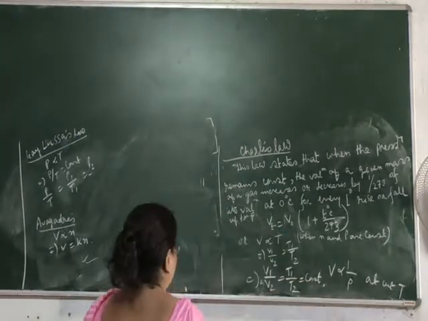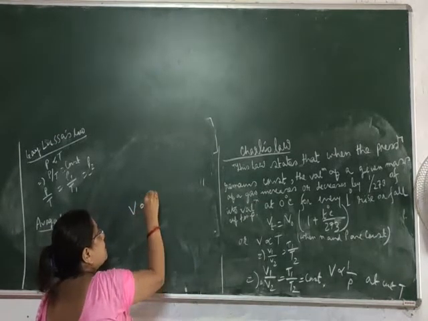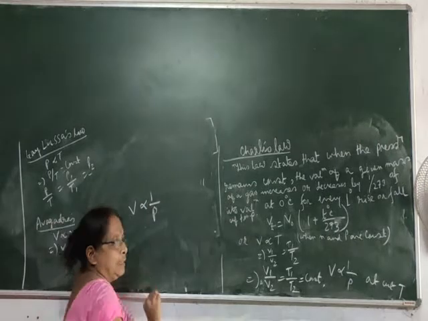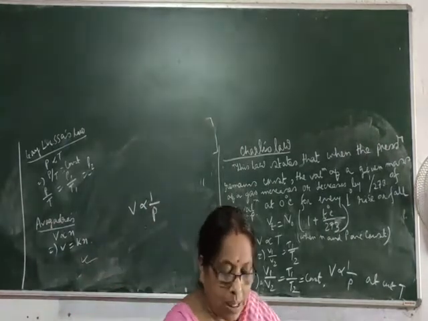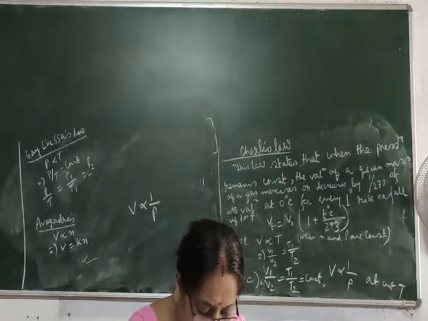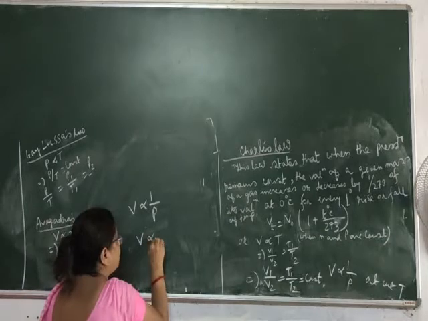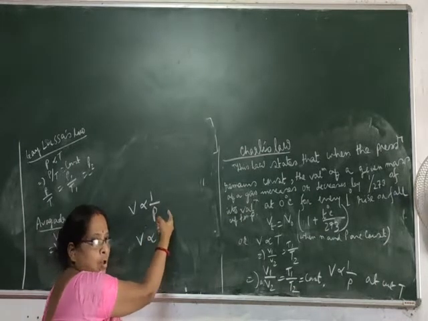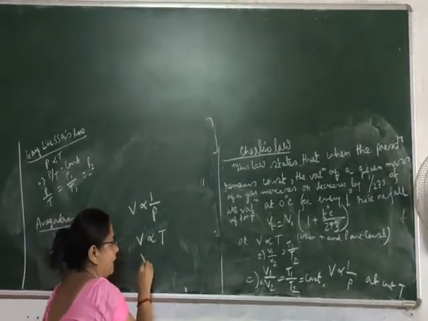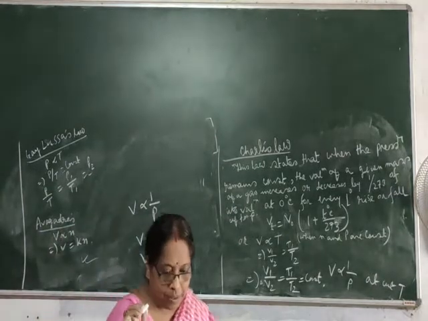Now, from Boyle's law, we know that V is inversely proportional to P. Second is our Charles' law, from which we can write that V is directly proportional to T. And Avogadro's law is V is directly proportional to n.